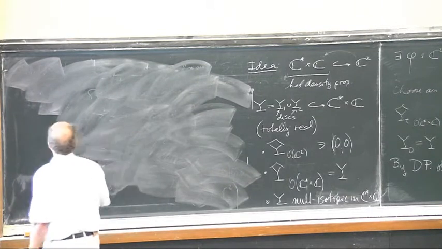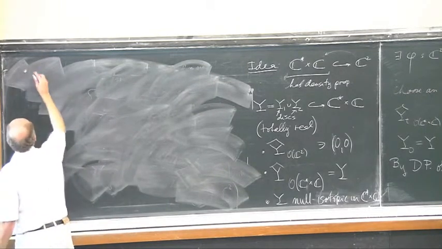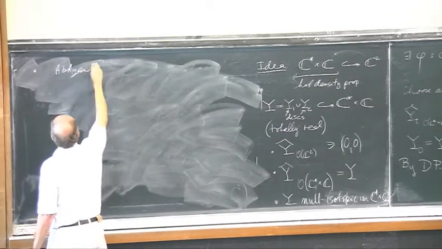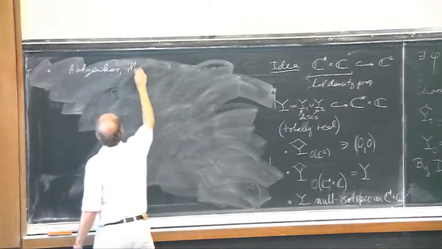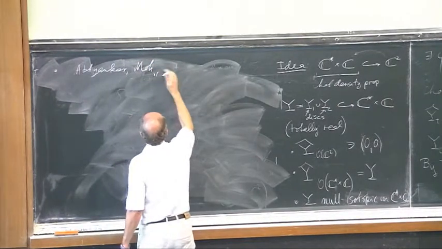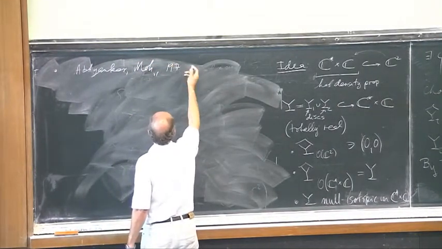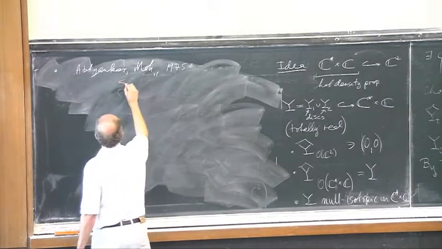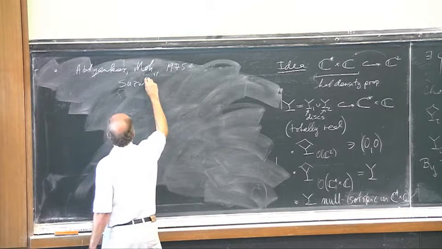So in particular, there is a very famous theorem of Abhyankar and Moh, from the mid-1970s, maybe 1975, or I'm not exactly sure of the year. Actually, it's also due to Suzuki.